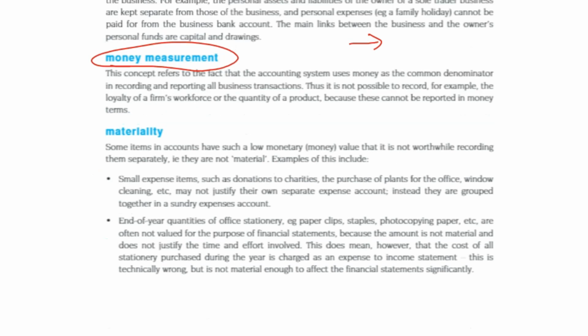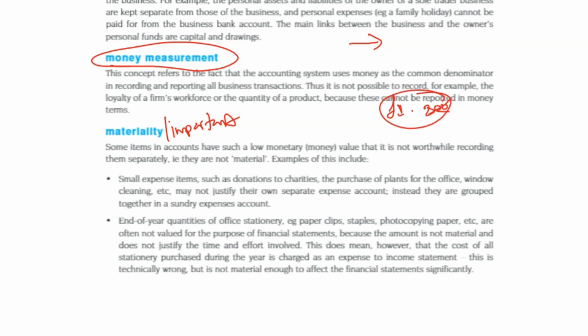Materiality. Now material means important or significant. So in an organization, many transactions could be material or immaterial. Let's assume a big company's financial statement shows 1 million and 200 pounds. So this 200 is immaterial for him.